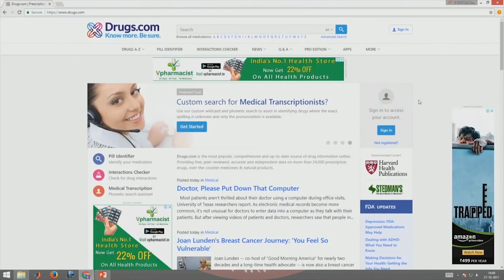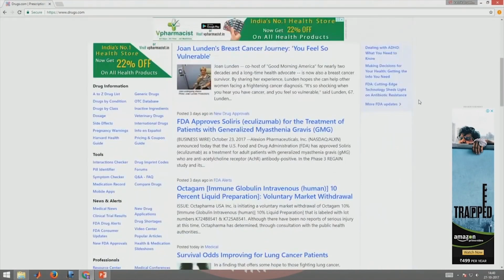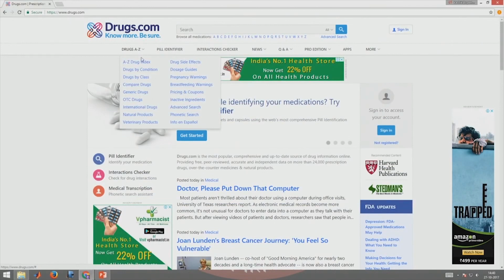Okay. It gives you a lot of information about different types of drugs that are currently FDA approved. So, we can do a drug index based on condition, class, generic drugs, over the counter drugs, international drugs, natural products, veterinary products, drug side effects.